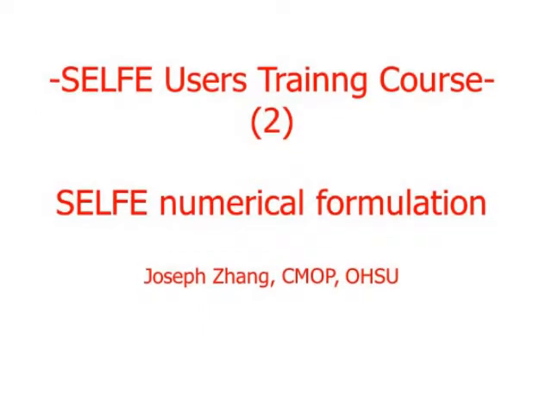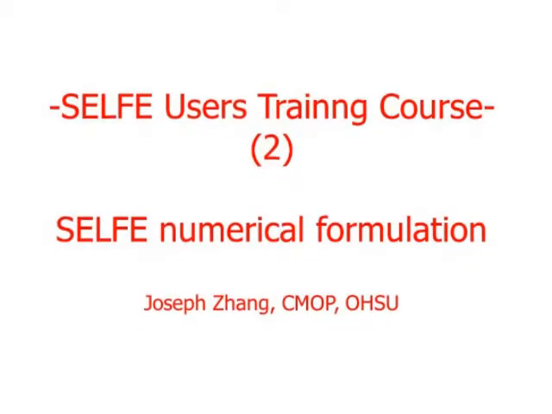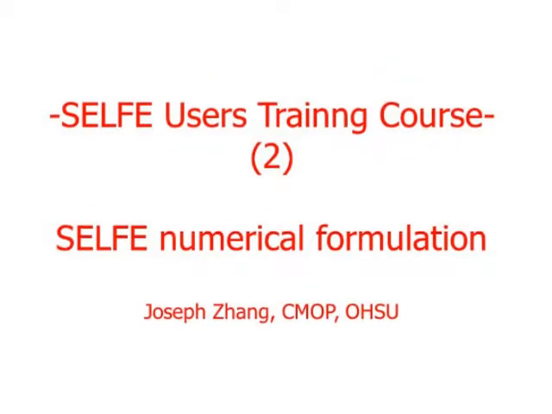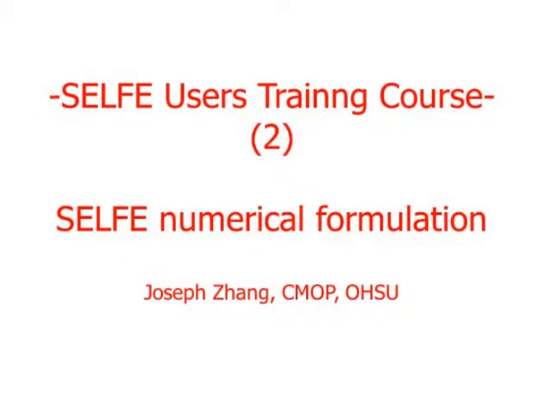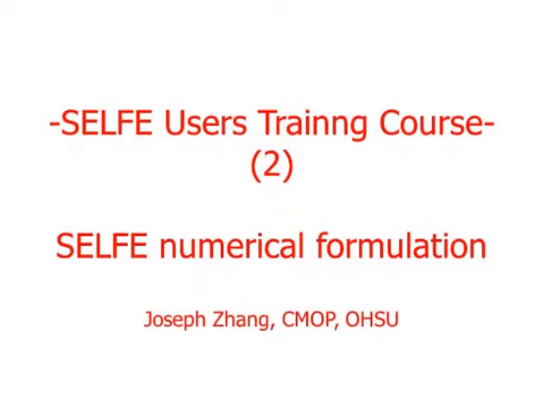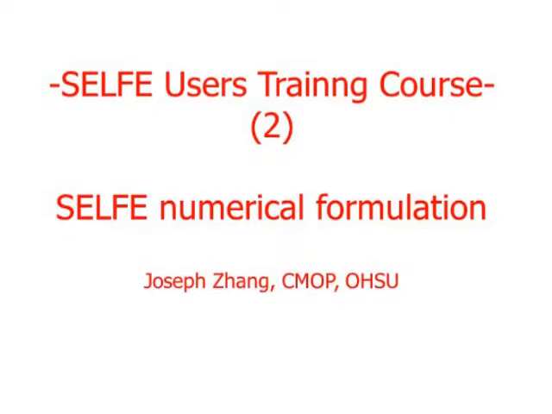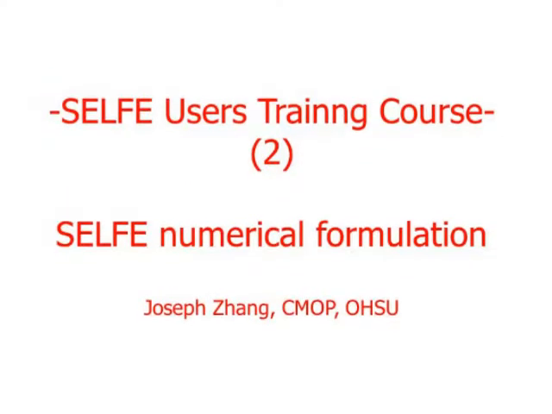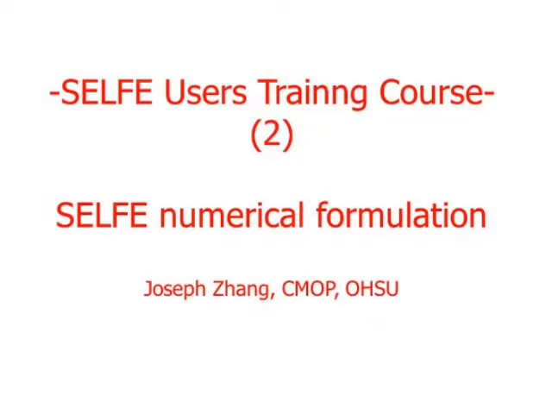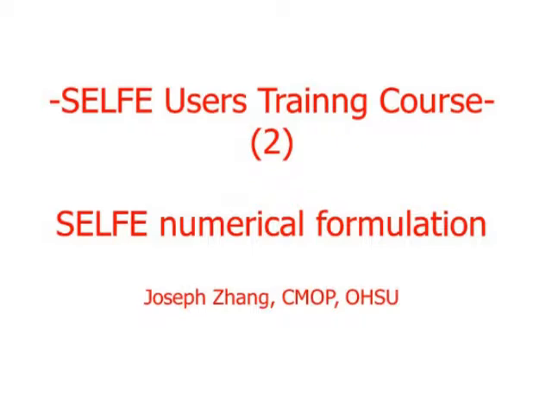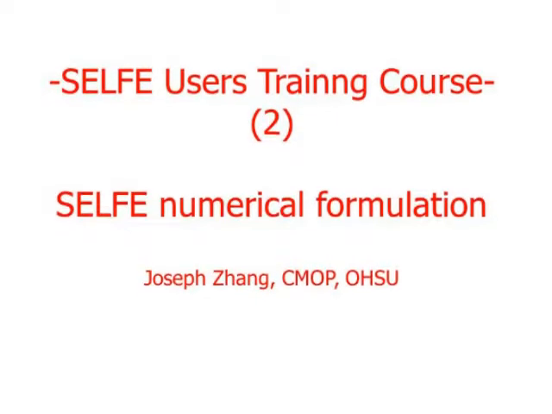And SELFE uses a general unstructured grid, a triangular grid in the horizontal, and the hybrid SZ in the vertical. And as its name implies, it uses the Eulerian-Lagrangian method for the momentum advection. I will explain what ELM is in the next couple of slides.